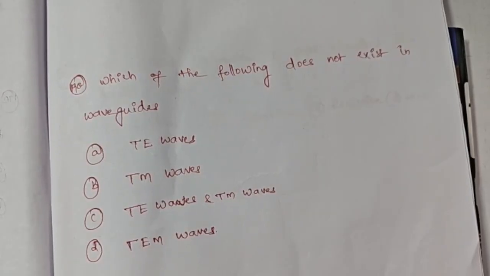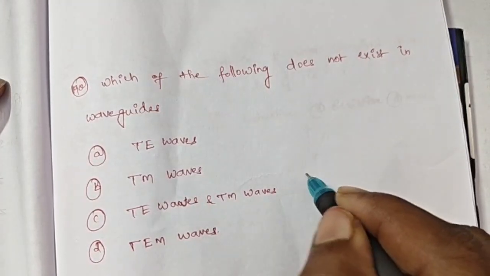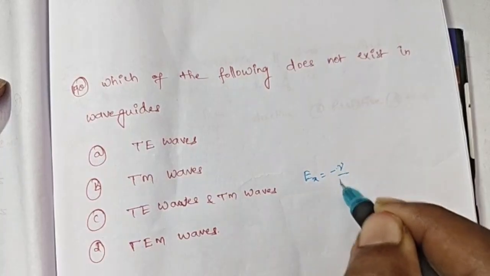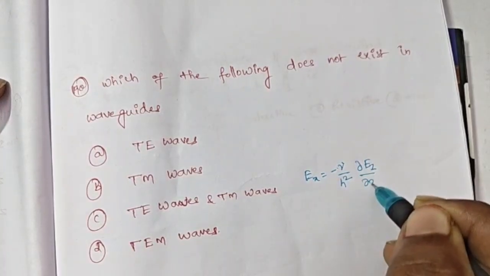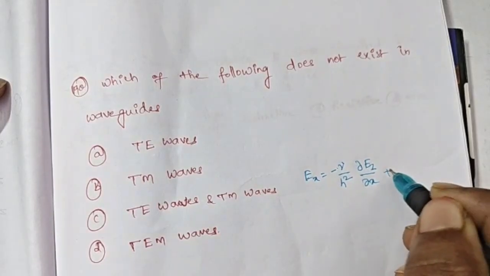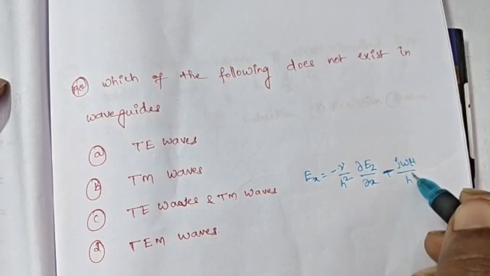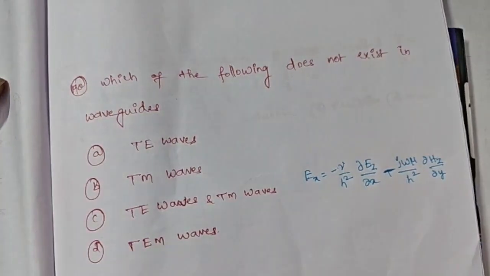So Ex is equal to minus gamma by h square dou Ez by dou x plus or minus j omega mu by h square dou Hz by dou y. This is the Ex component.